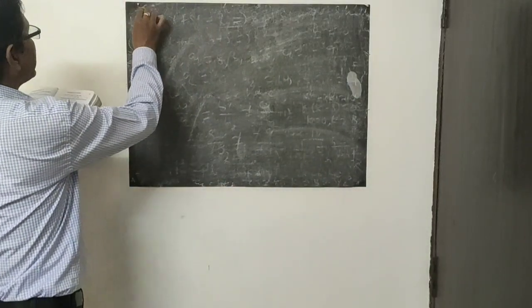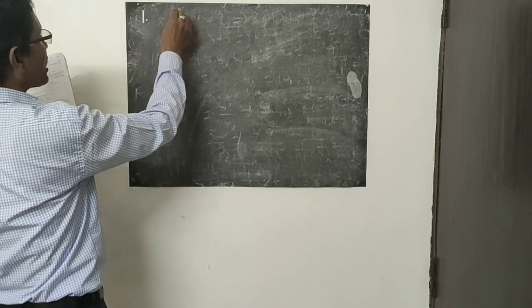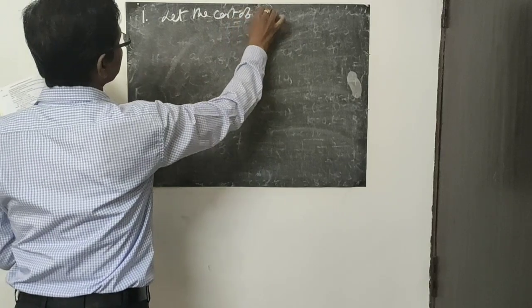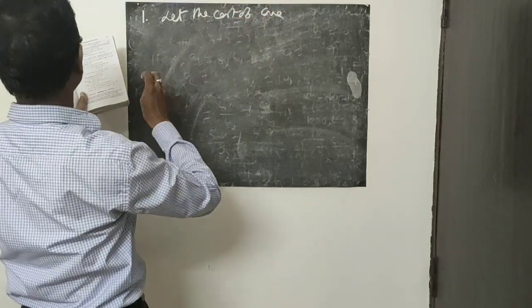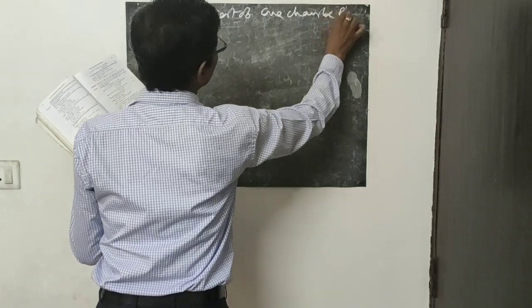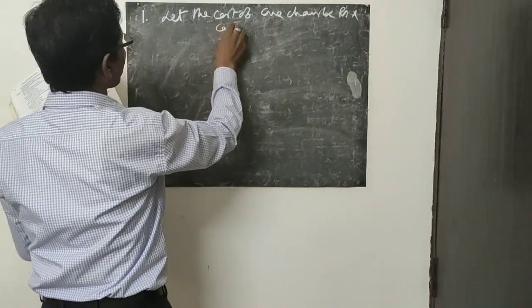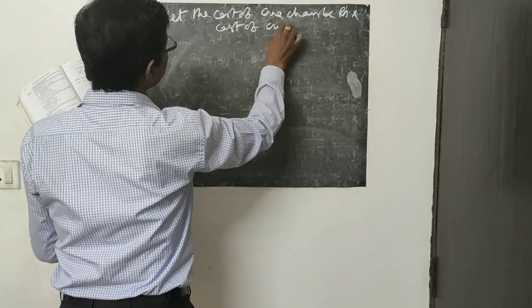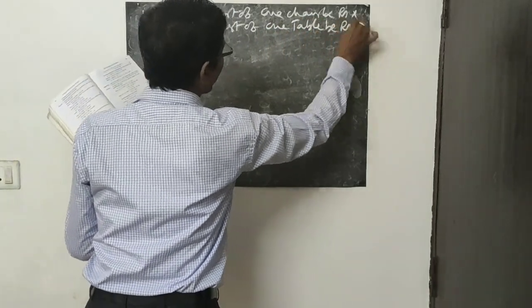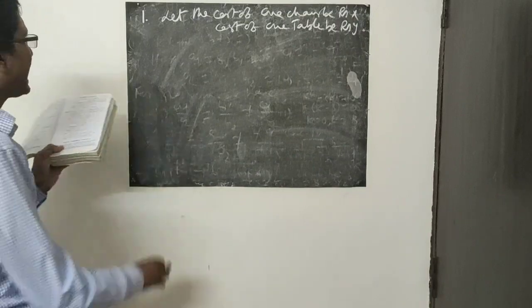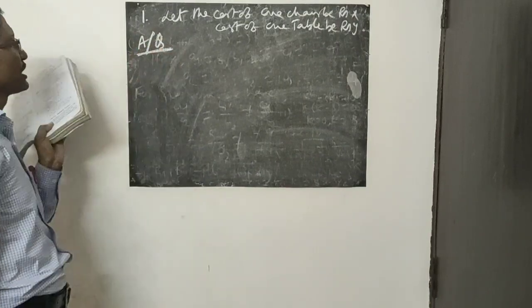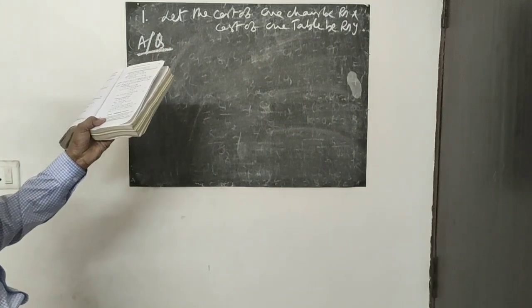So first of all, let the cost of one chair be rupees x, and the cost of one table be rupees y. Then read the question again and again, and you should write A by Q, meaning according to the question.